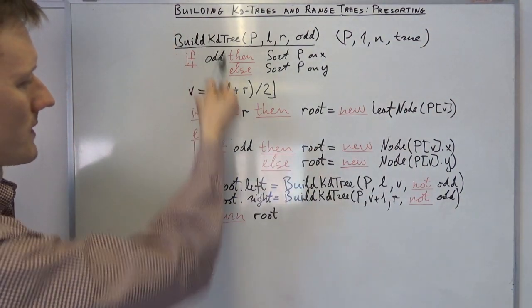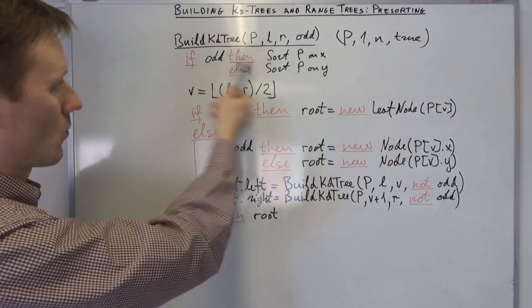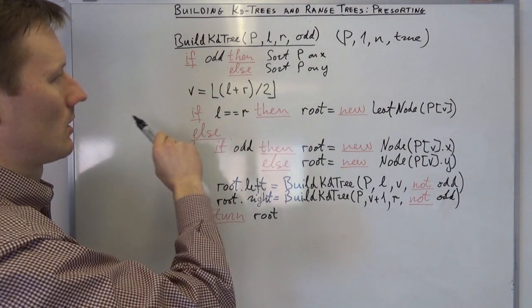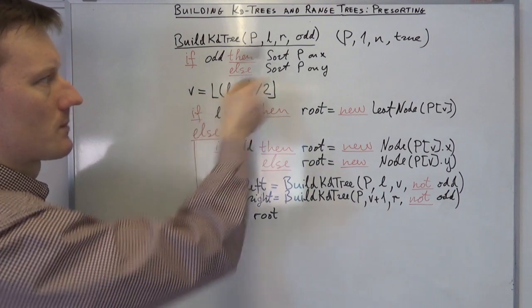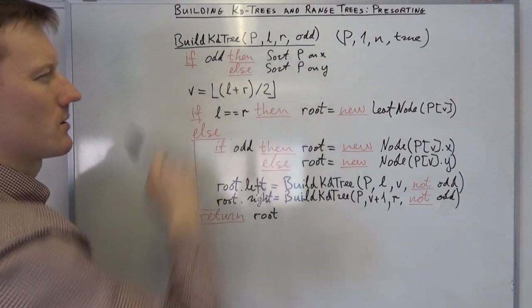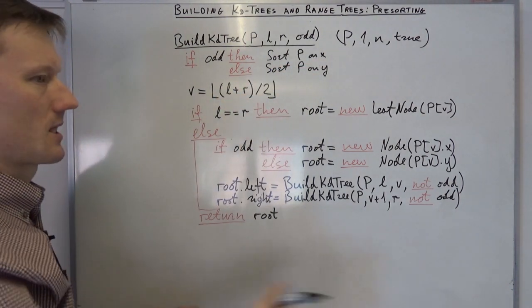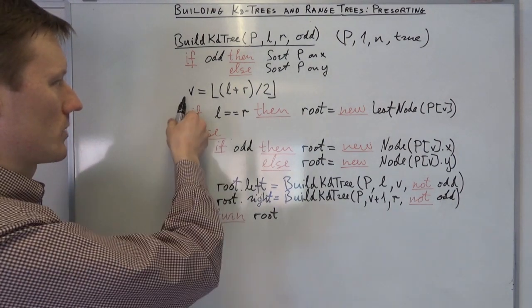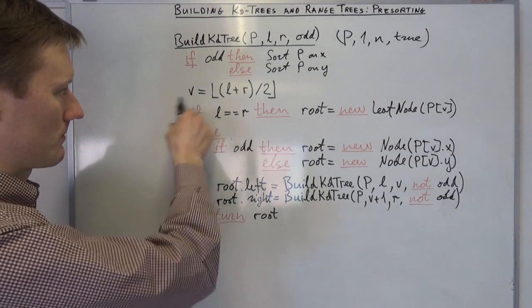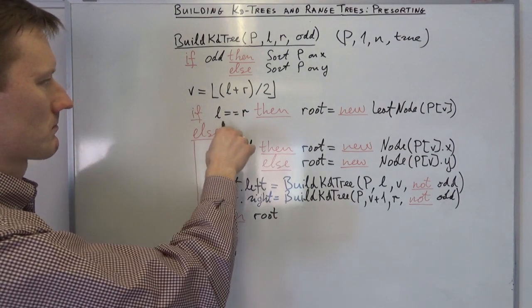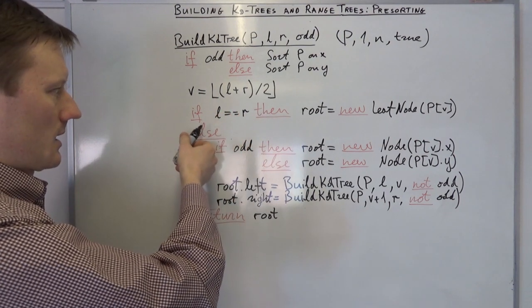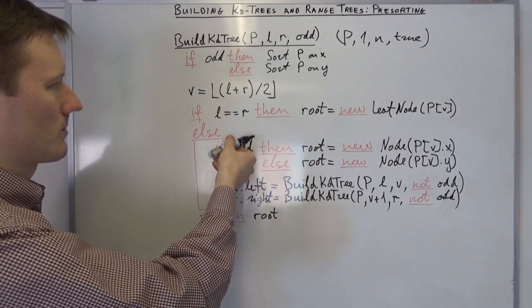Obviously, first we check, is this an odd level or an even level? Based on that, we either sort P on the x-coordinate or sort P on the y-coordinate, because that's how we want to divide points into two parts. We get the index of the middle point, and then we check whether this is the bottom of the recursion.